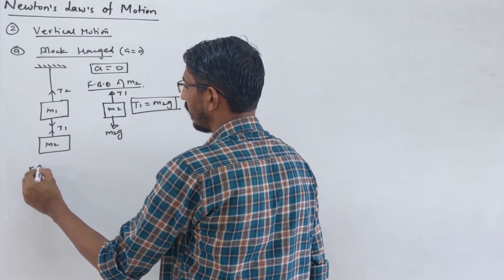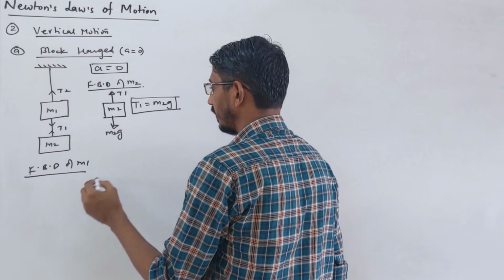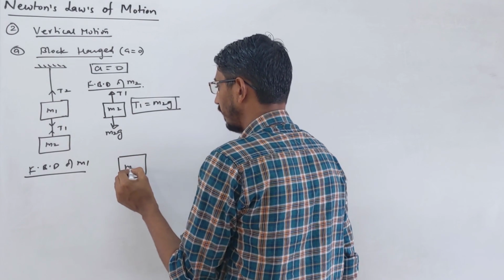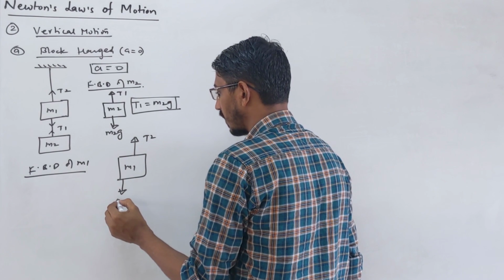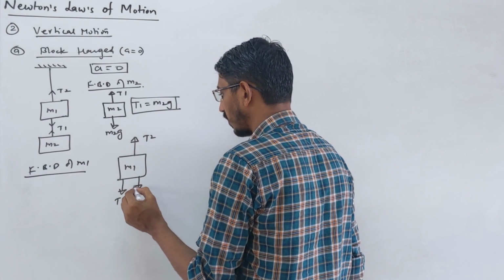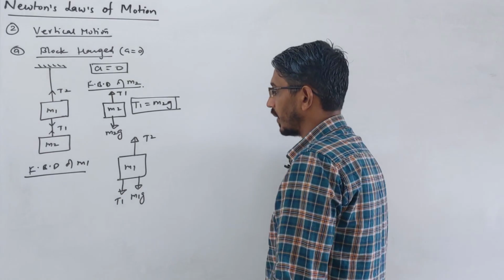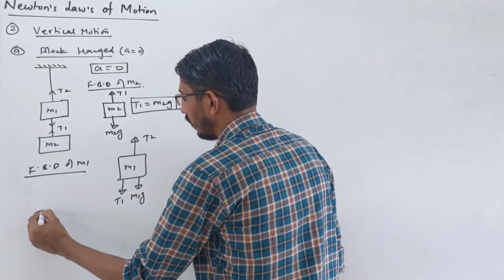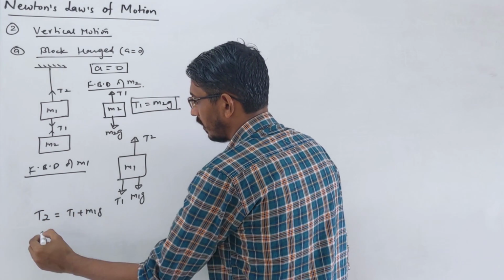Suppose we write the FBD of M1. This is your M1. Upward force is tension T2. Downward forces are tension T1 and the weight of this block, that's M1G. And this is not accelerating, so again these forces should be equal. So T2 should be equal to T1 plus M1G.